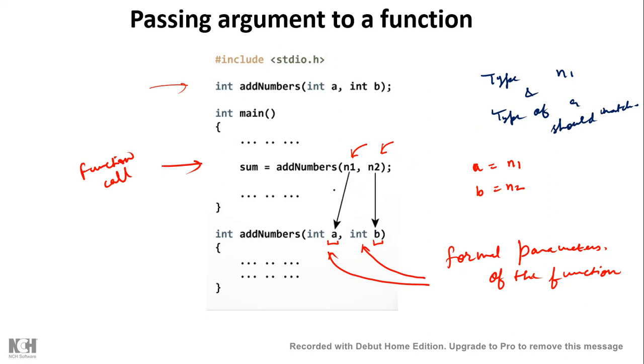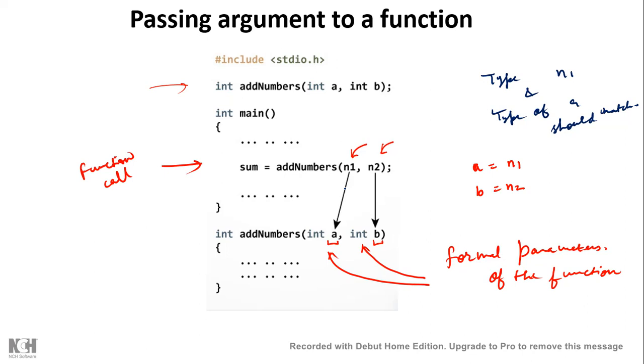If n1 is a character, then a should be of character type. Only then will these arguments and parameters work in this function. Otherwise, the compiler will give an error. A function can also be called without passing any arguments. We will see that example later on.